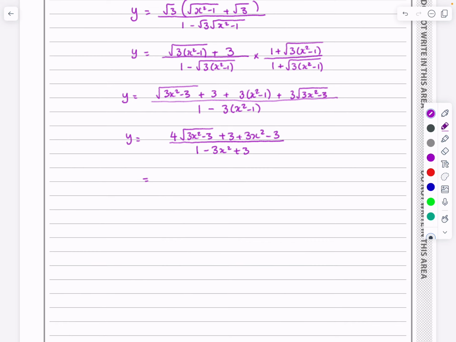That all then eventually comes to the actual answer that I had, which is 4 root 3x squared minus 3. The 3's cancel on the top there. I've just got plus 3x squared, all divided by, and then the bottom is 4 minus 3x squared.